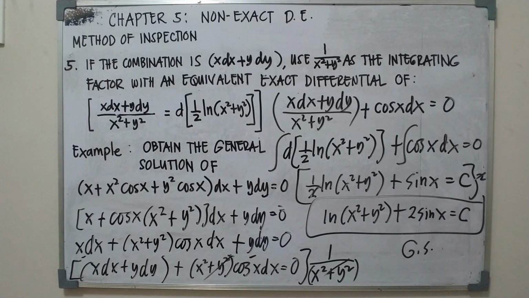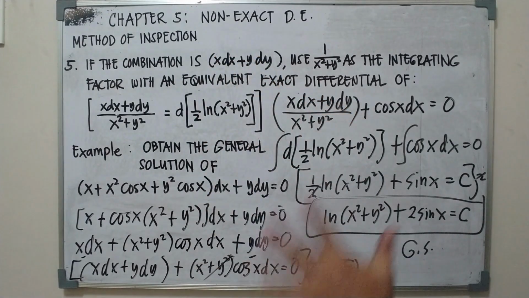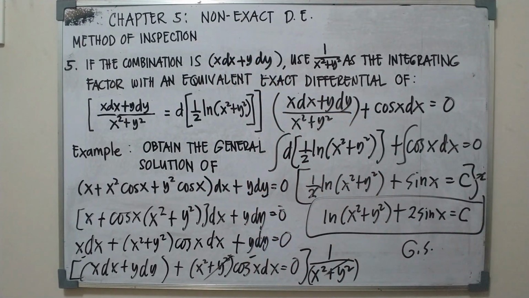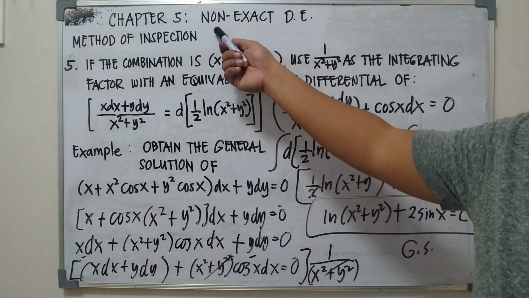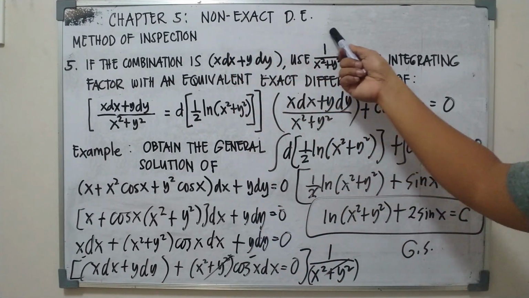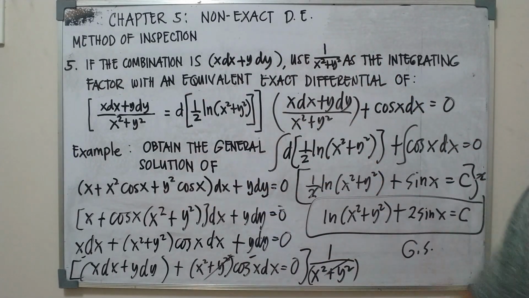Ang purpose nitong method of inspection, which is yung ating 5 combination, meron tayong options dun sa solution na gagamitin natin sa non-exact differential equation. Kahit alin dyan, pwede nyo gamitin para makuha lang natin yung general solution or particular solution na hinahanap sa problem. Diba?